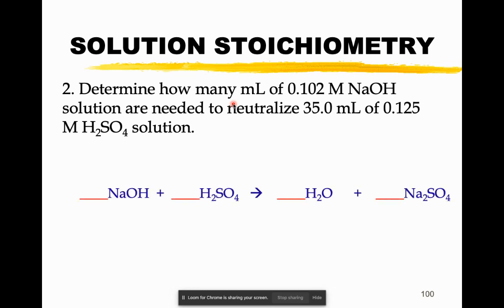First we need to have a balanced equation. Very quickly, we know that 2 moles of sodium hydroxide react with 1 mole of sulfuric acid to form 2 moles of water and 1 mole of sodium sulfate.